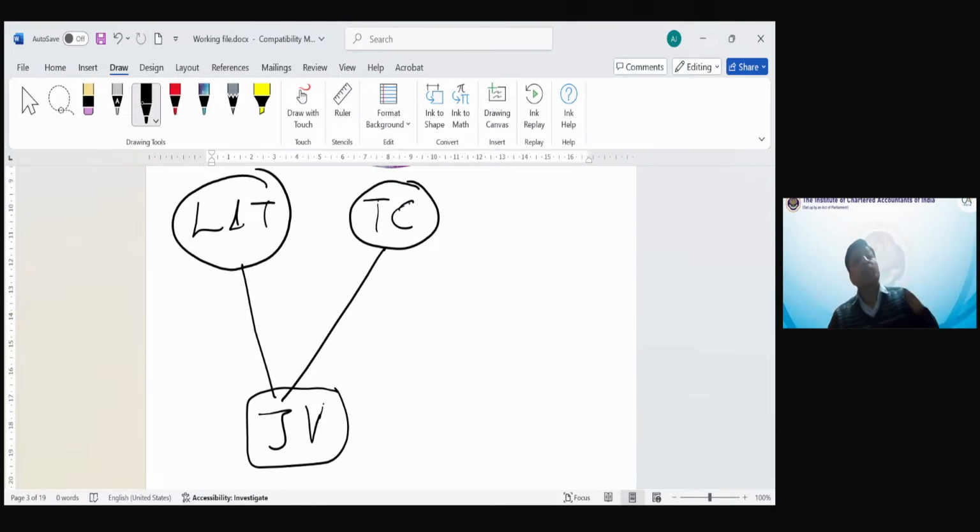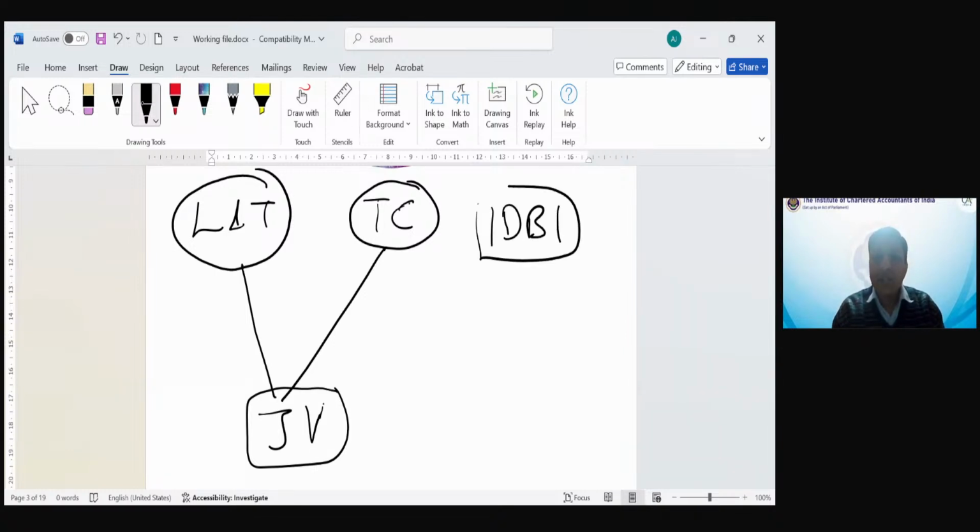Okay. Now a third party is also coming into picture. IDBI. Now the understanding is that L&T and TC will inform IDBI.